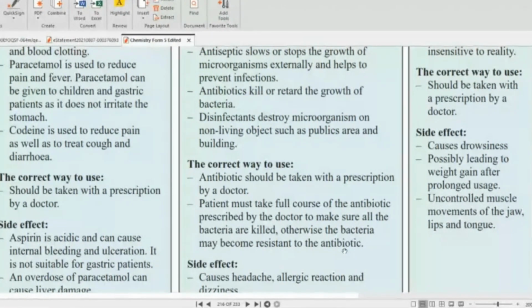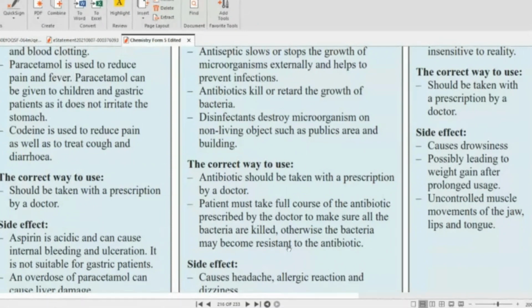Although the brands may be different, the antibiotics may be just a few types only. So if you can, don't take antibiotics. If you really need to take them, make sure you complete the full course.